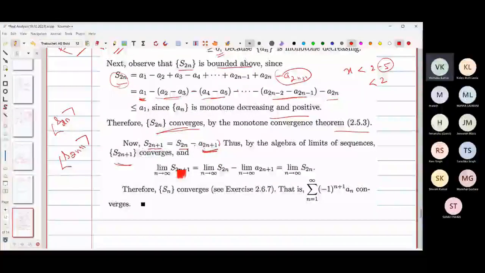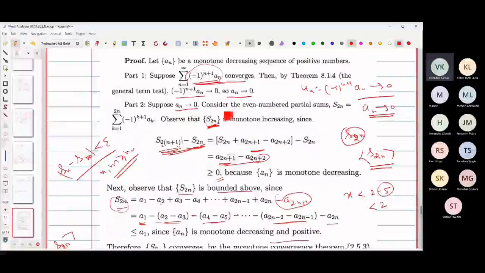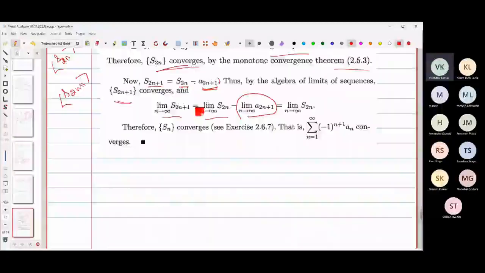Now take the limit on the left side and then the right side. We know that this is convergent, and for this one we have assumed that the limit of an tends to 0. So this becomes 0. So we are left with this one, and because this is convergent, it will give us a finite number.